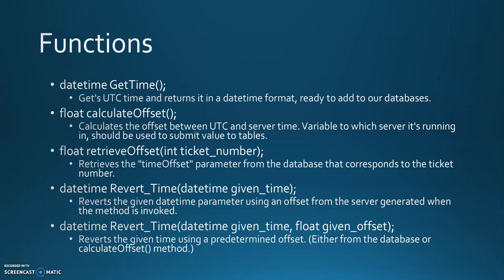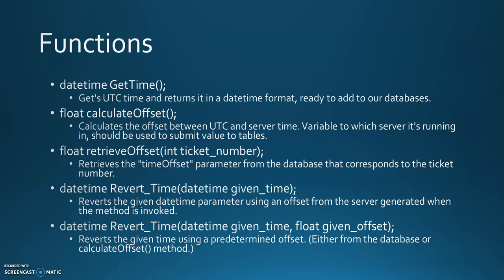Then we have the retrieve offset, which just makes a call to the database and gets that parameter from it. So then you can do with that what you wish. You have the revert time, which just reverts a time relative to the server.